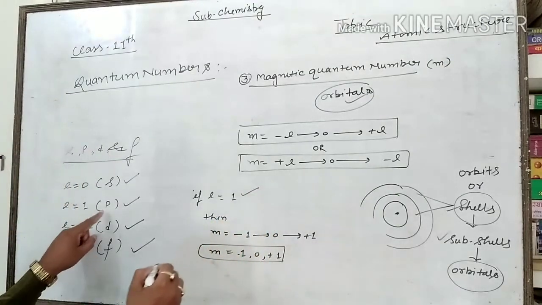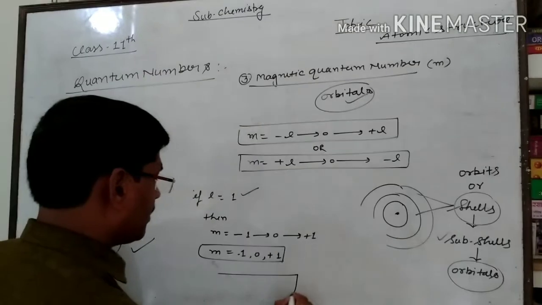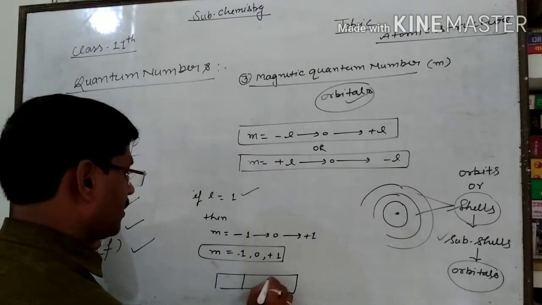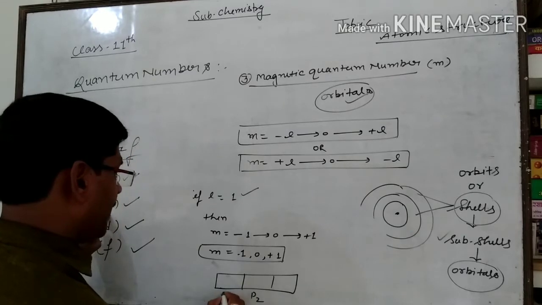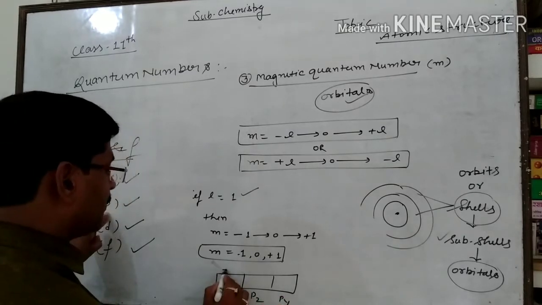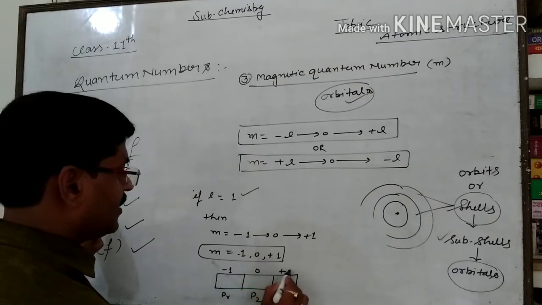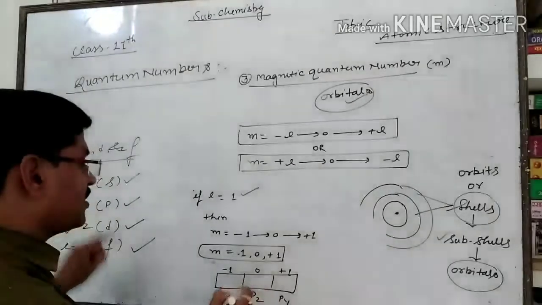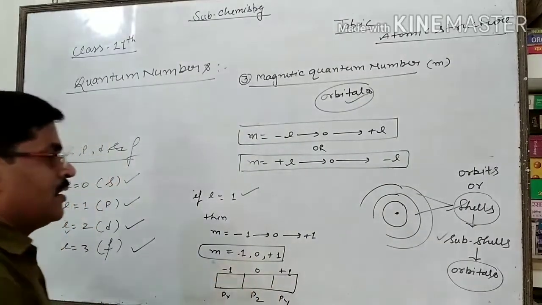It means that this is for the P, and you know P has 3 orbitals: Pz in the middle, Px and Py. So for the first, minus 1; for the middle one, 0; and for the last one, plus 1. Or just the opposite: plus 1 here, 0 in the middle, and minus 1 here.